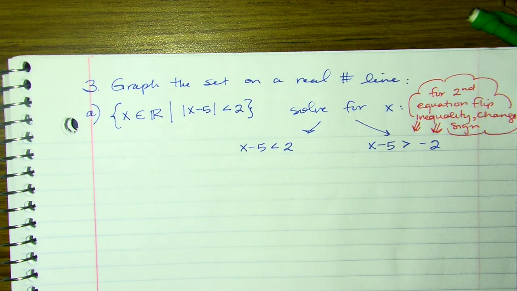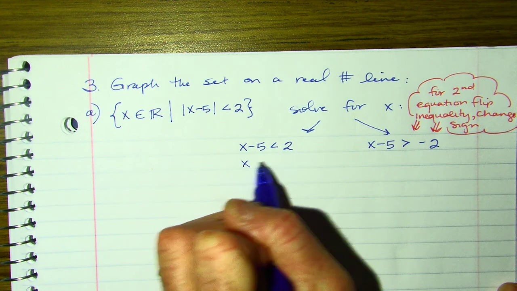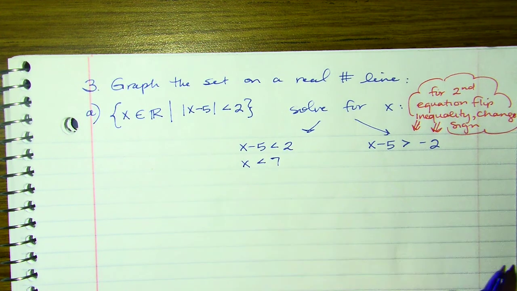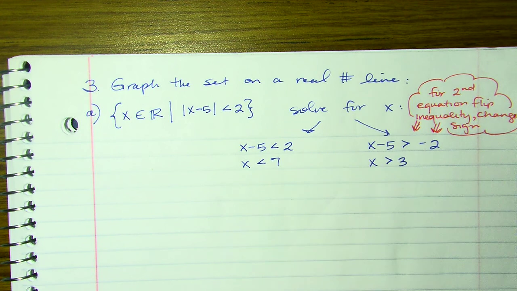So that is what this is, I have a first equation, second equation. So I'm going to solve: x is less than 7, right? I would add 5 to both sides. And here x is greater than 3, right? Because I would add 5.